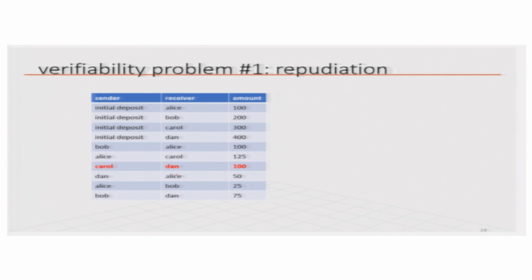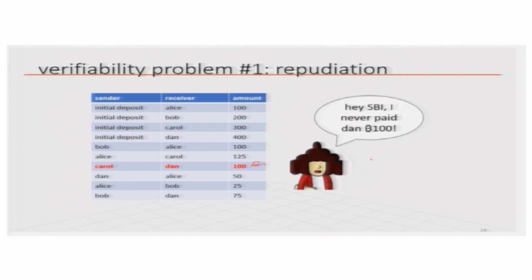So, let us say in the transaction we found that Carol has given Dan 100 coins, right. Now, Carol comes back and says, I never paid Dan that money. But why is it in your transaction? It is affecting my balance in the balance table, and so I repudiate. I do not agree that I have done this transaction.